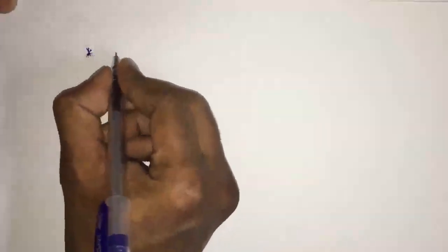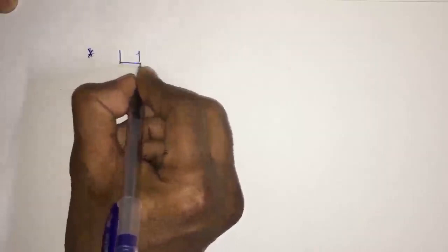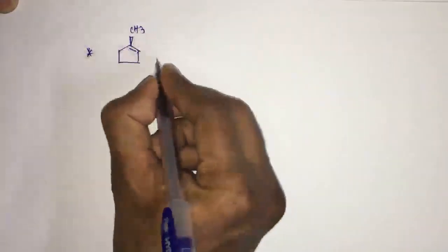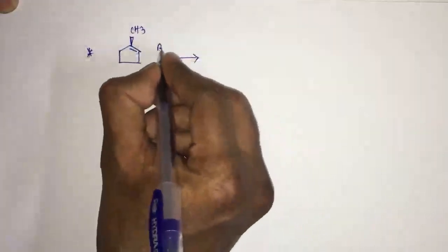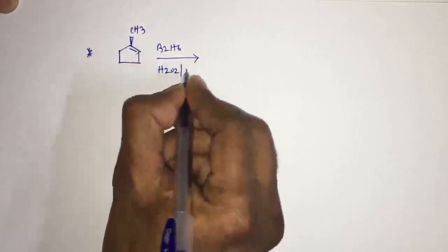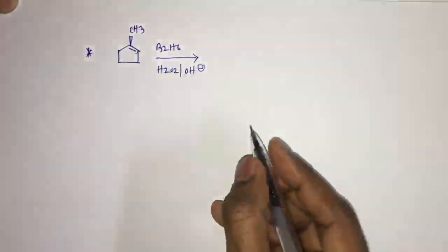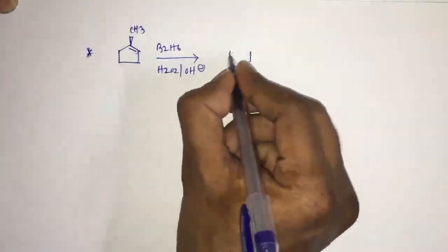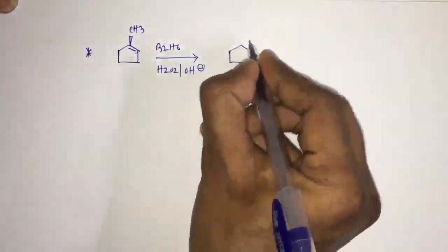The first example here we have is CH3, so B2H6, H2O2 and OH minus. In the first step we know the stereoselectivity, we have seen that.